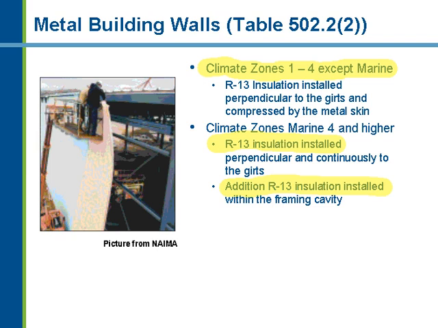So the first R13 insulation acts as a thermal break. The second R13 insulation provides that extra R value that you need for metal buildings. So again, metal buildings will have additional requirements versus a wood frame or a standard metal frame or steel frame type of building.